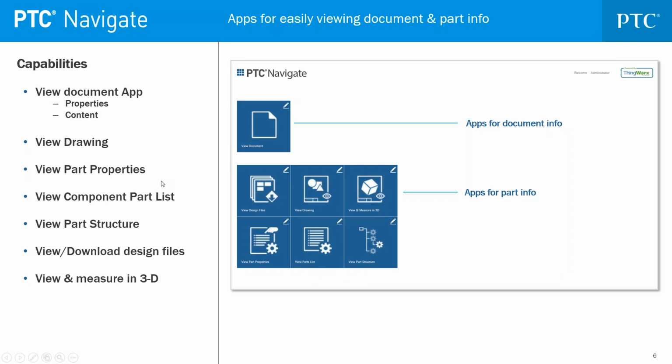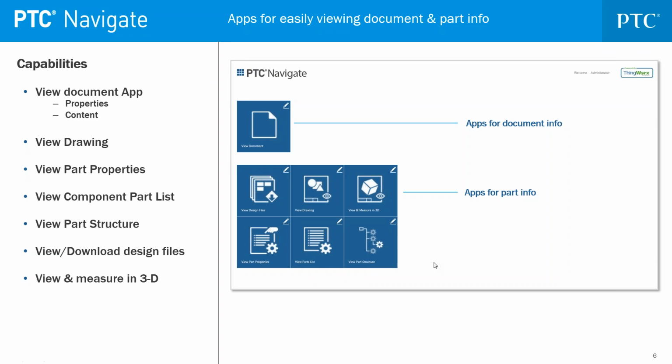And this could work both if you're just using Windchill for CAD management, or if you're also using Windchill for managing Windchill parts or WT parts. Some of these apps could also be exposed for users just to go in and use the Creo View application, or the viewer, to measure and mark up in 3D.